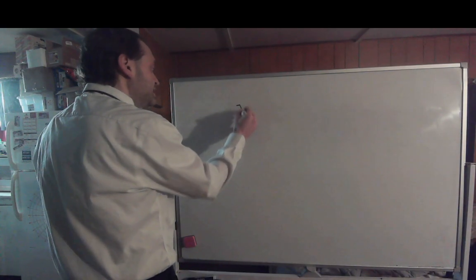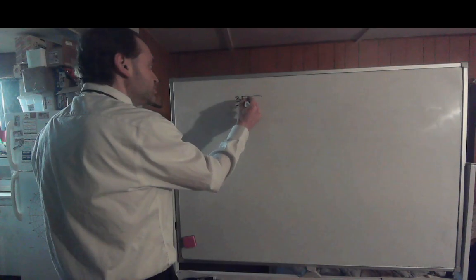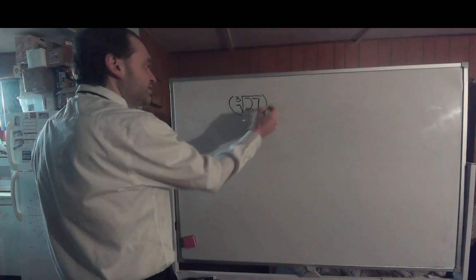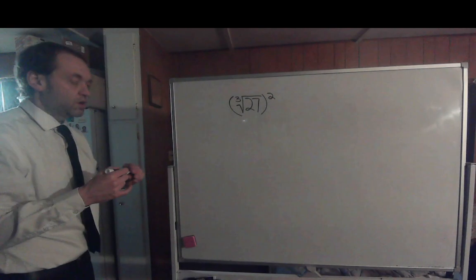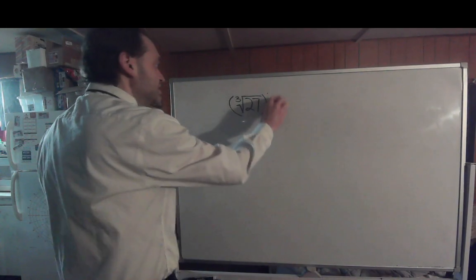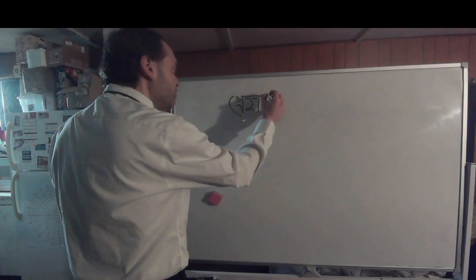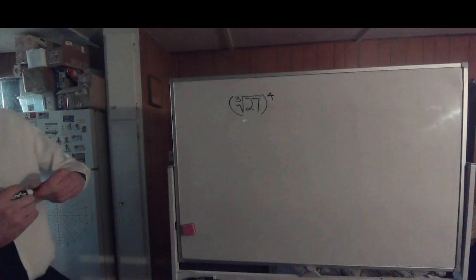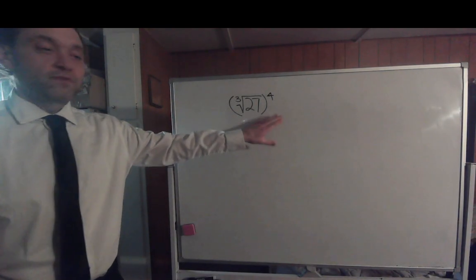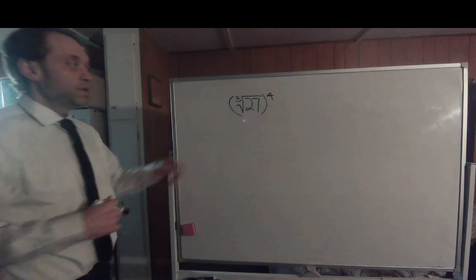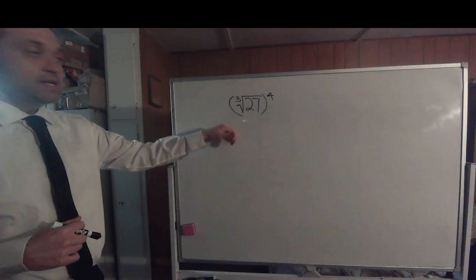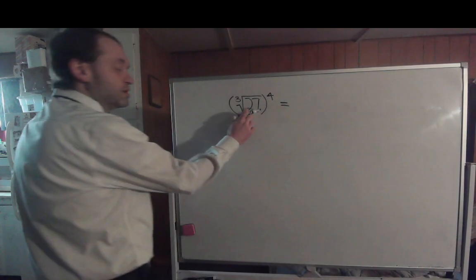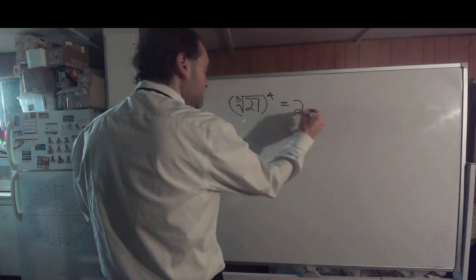Now, let's say I take the cube root of 27. I'm going to take the cube root of 27, but I'm going to raise that to the fourth power. I want to change it up a bit. So we're going to take the cube root of 27 and we're going to raise that to the fourth power. Well, what is my root index? My root index is 3 because it's the cube root, right? So take that number under the radical, which is 27.